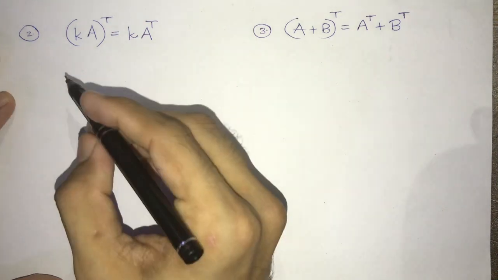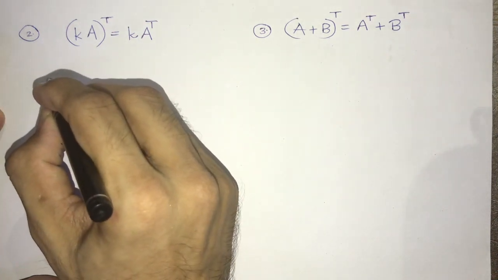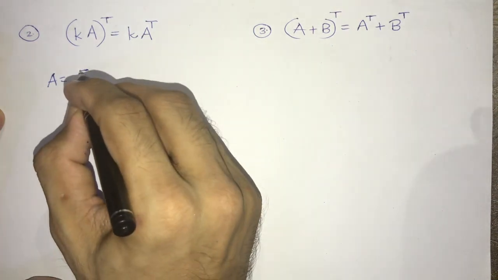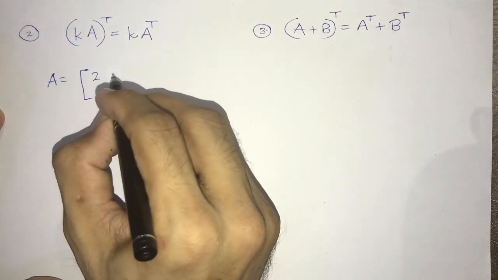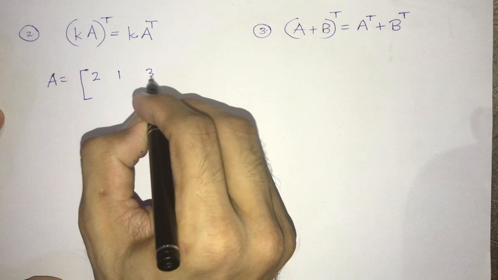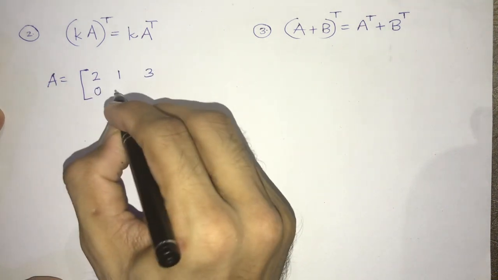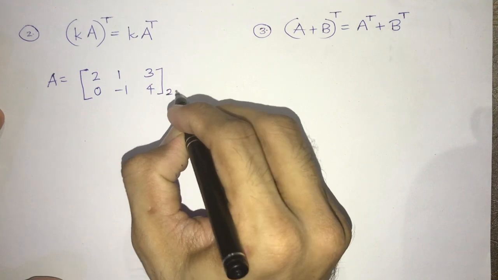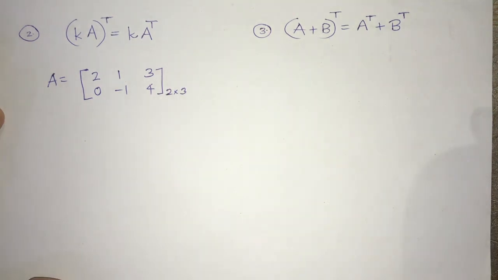So the example is, let us take the previous matrix A, 2 1 3 0 minus 1 4, which is 2 rows but 3 columns.